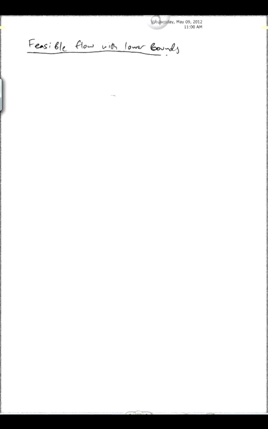So in this application, our goal is to find a feasible flow where we have some lower bounds. So let me explain what I mean here.